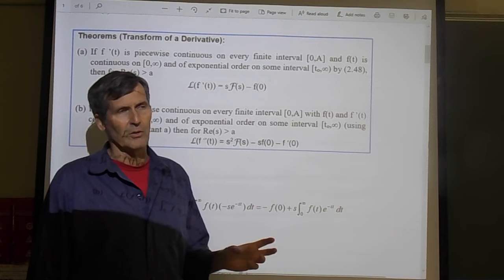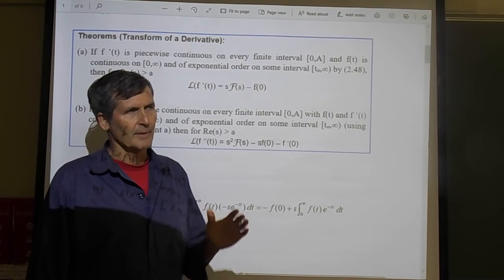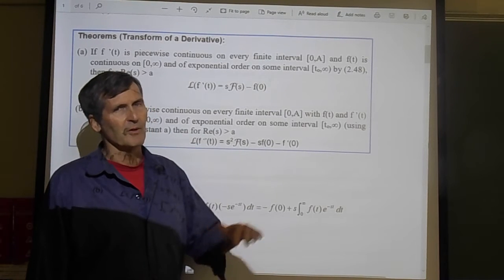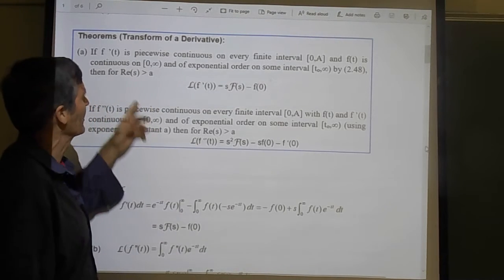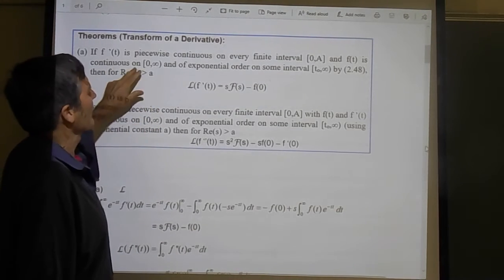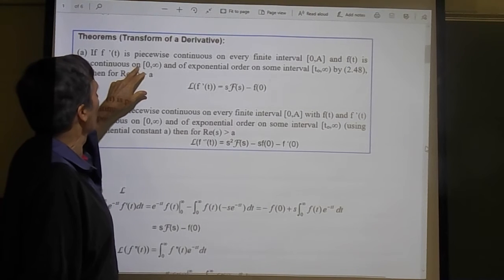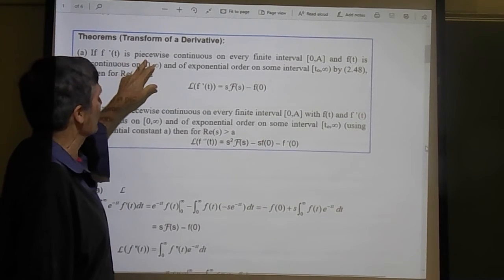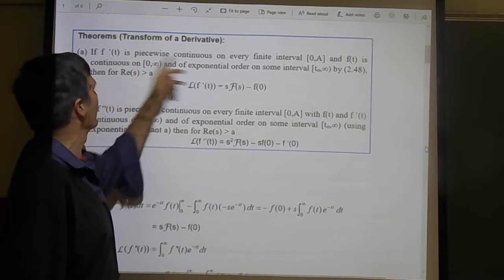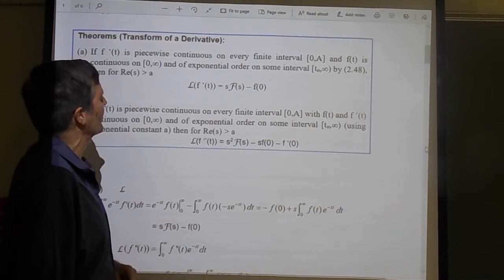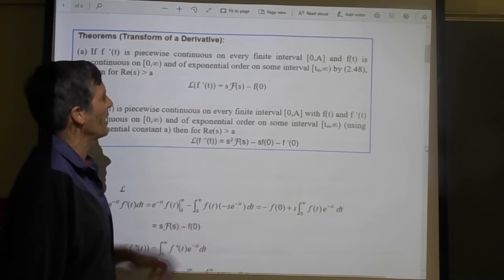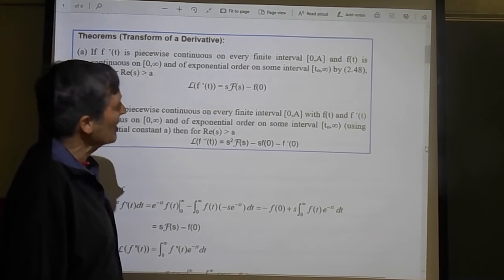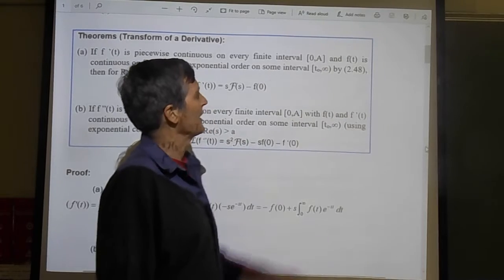And at each of those, the limits from the left and right exist. So you can have jump discontinuities, removable discontinuities, those things. So f prime is piecewise continuous on 0 to a, and f is continuous on 0 to infinity and of exponential order, the kind we said we could take Laplace transforms of, on some interval from t0 to infinity.